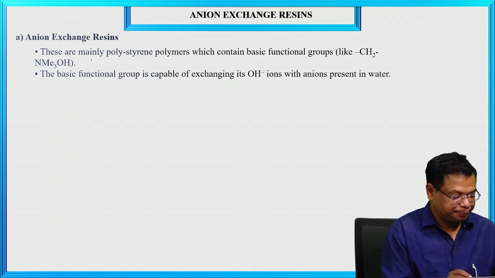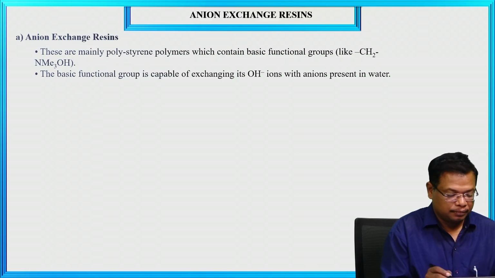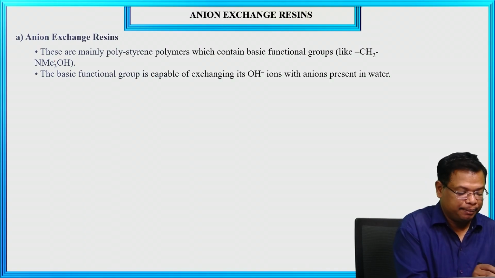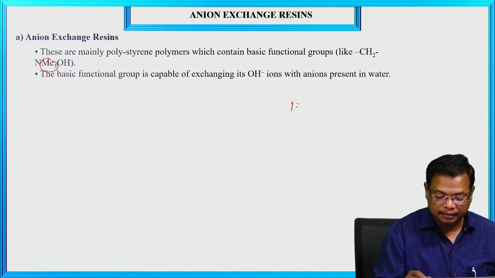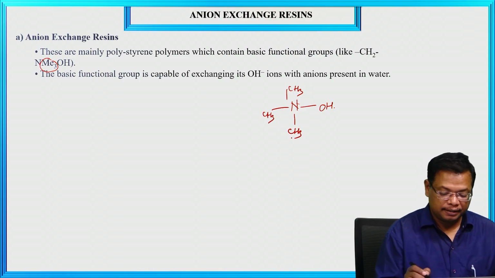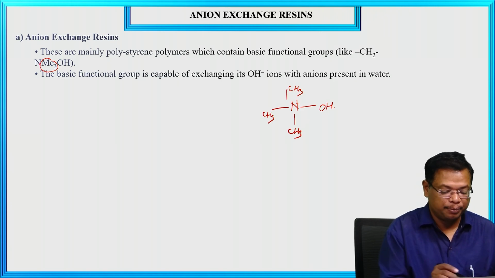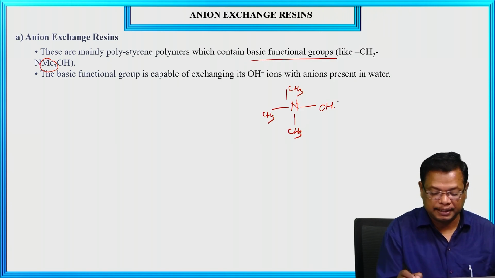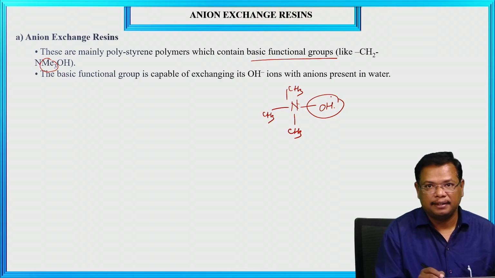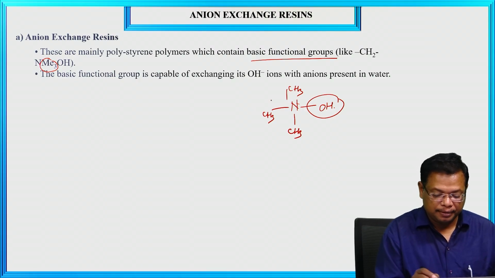This is a trimethyl ammonium hydroxide, with CH3 groups. The polystyrene polymers contain basic functional groups. Ammonia is a base, so like a buffer.